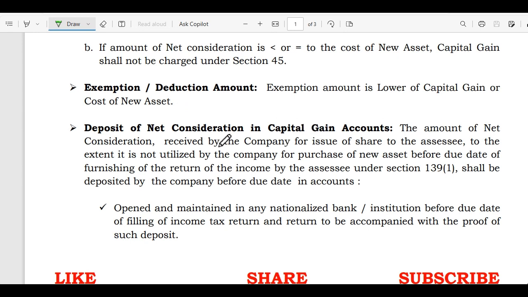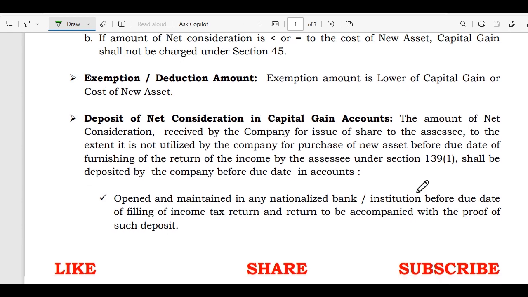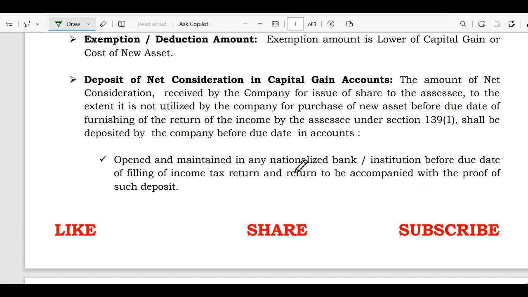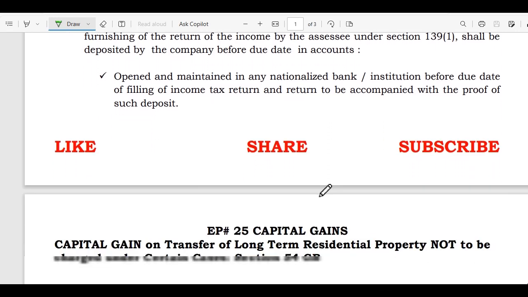The amount of the net consideration received by the company for issue of shares to the SSE, to the extent it is not utilized by the company for purchase of new assets before the due date of furnishing of return of income by the SSE under section 139 subsection 1, shall be deposited by the company before the due date in an account opened and maintained in any nationalized bank or institution, and the return is to be accompanied with the proof of such deposit.